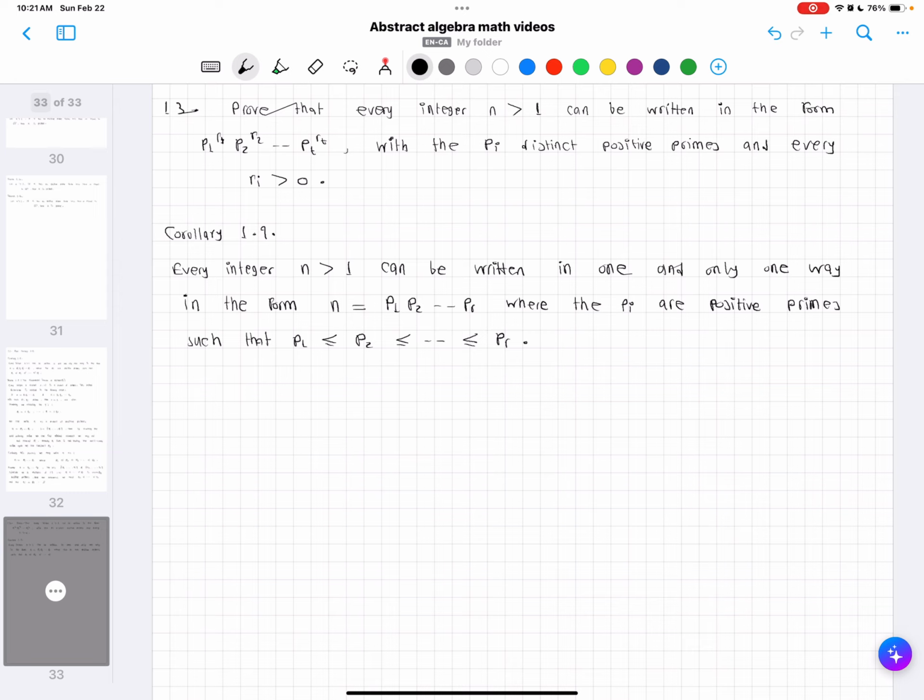So what this tells you is that for corollary 1.9, every integer greater than 1 can be written in a unique way as increasing primes.